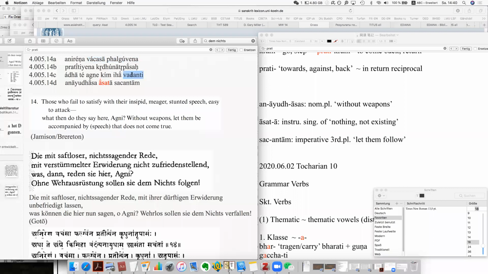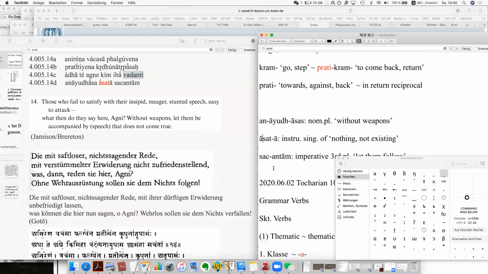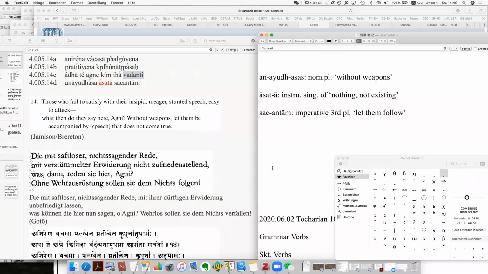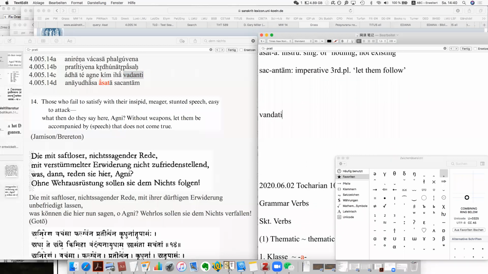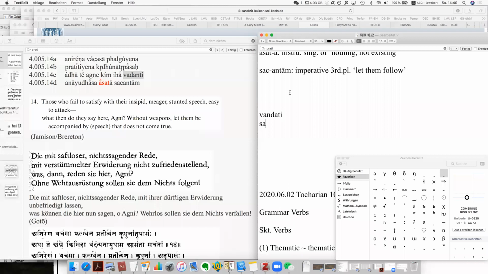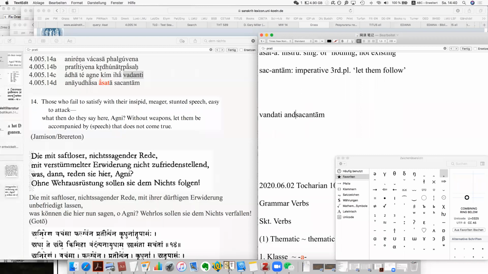But why here we don't have accent? Vadanti. Why no accent? So this is my question. Vadanti and Sachantam. Why no accent?